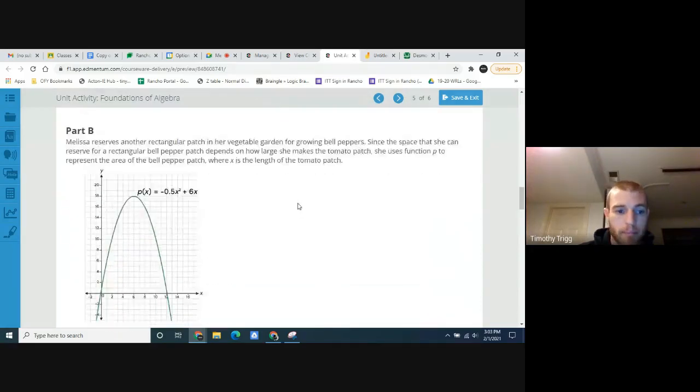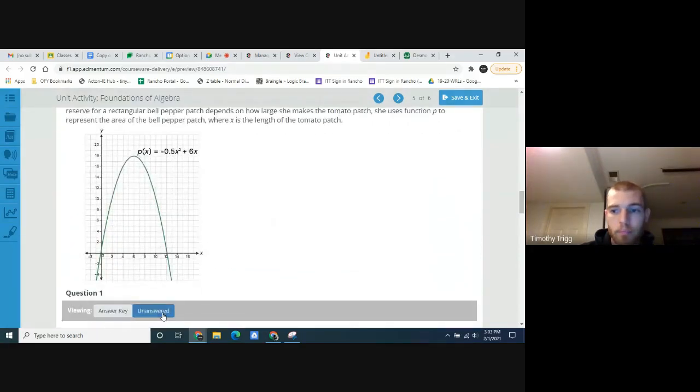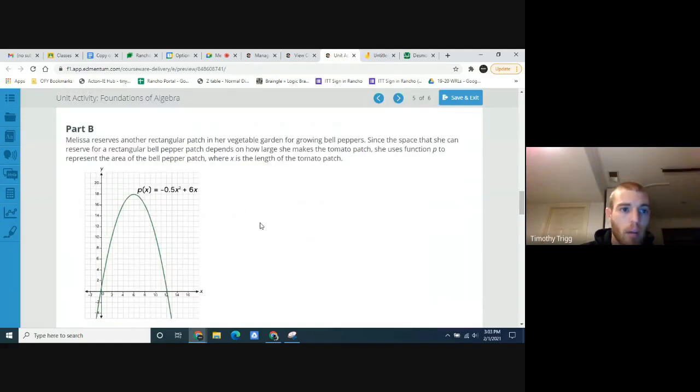Okay, part B. Melissa reserves another rectangular patch for her vegetable garden for growing bell peppers. Since the space that she can reserve for a rectangular bell pepper patch depends on how large she makes the tomato patch, she uses function P to represent the area of the bell pepper patch, where x is the length of the tomato patch.